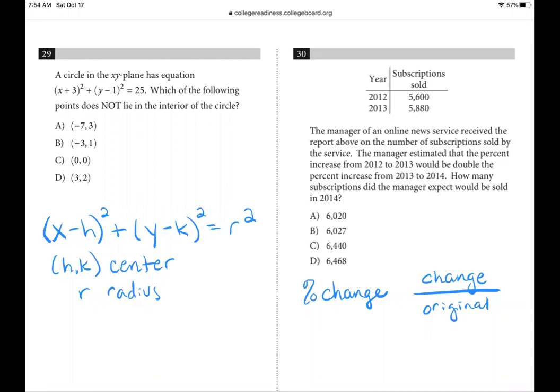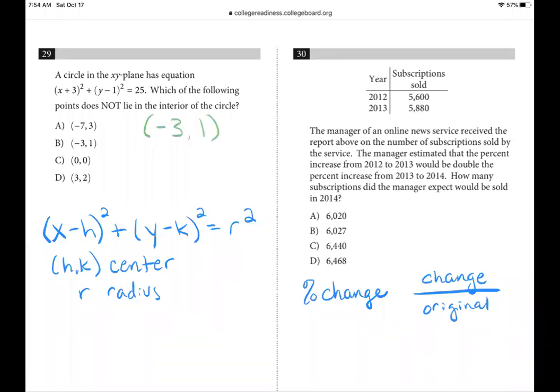So for 29, we want to know which of the points does not lie in the interior of the circle. From the equation that they gave us, we can figure out that the center of that circle would be (-3, 1).